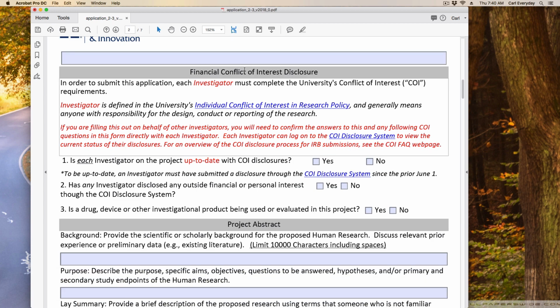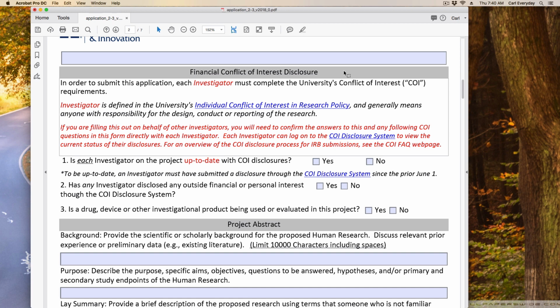The next section is about financial conflict of interest disclosure. This is a big deal at the university. Anytime you file to start a research project, you must, as a PI, fill out a conflict of interest disclosure form. And you go through a little online training for that. It takes about 10 minutes to do.